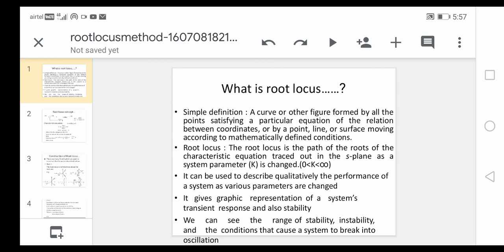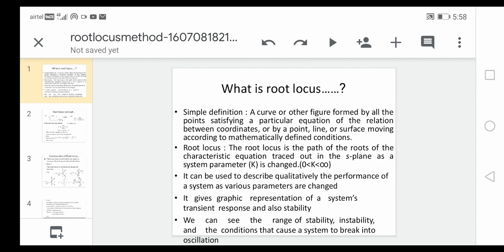The basic definition of a root locus is that it is the path of the roots of the characteristic equation traced out in the S-plane as a system parameter is changed from 0 to infinity. Just a path, as I change the gain from 0 to infinity.